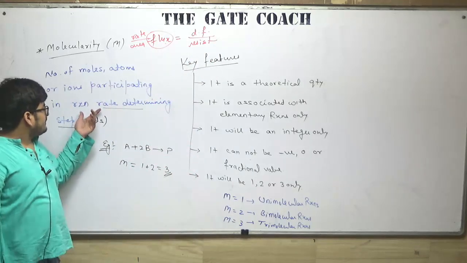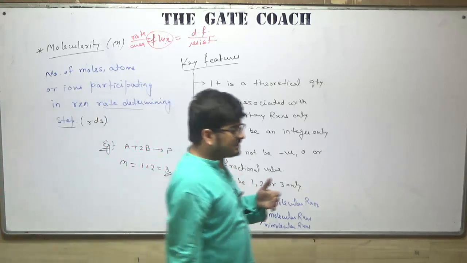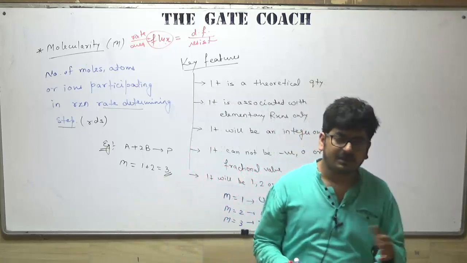So what is the rate determining step? Just try to understand. Suppose we have a chemical reaction, A plus B gives something.